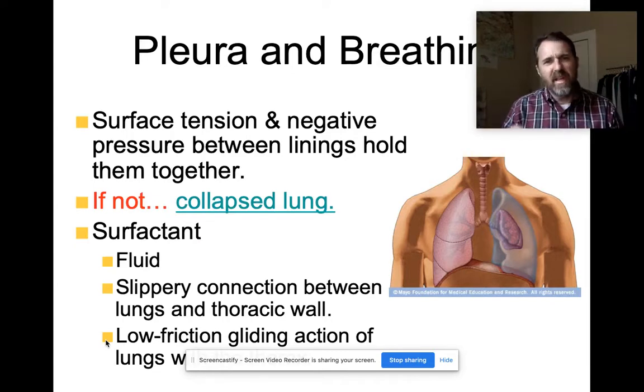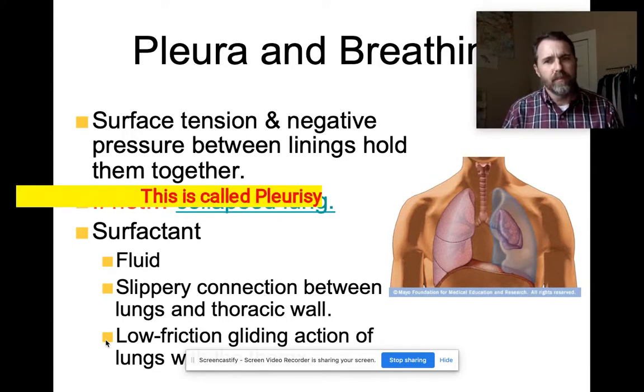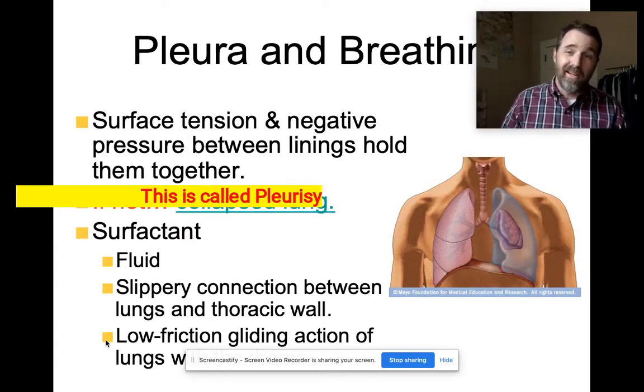You can have infections of the pleura. You can have something that is called a collapsed lung.